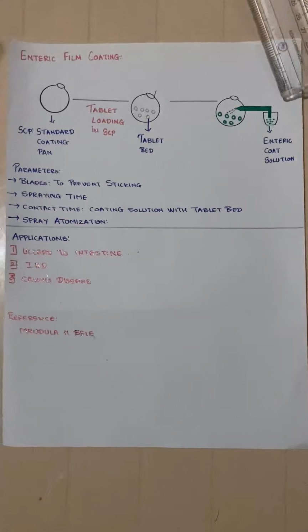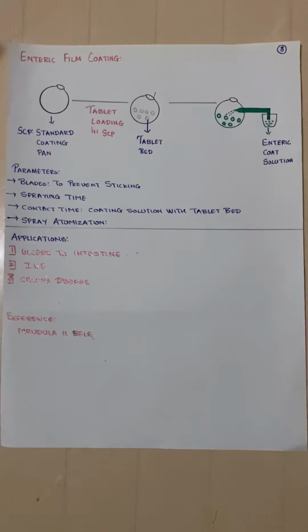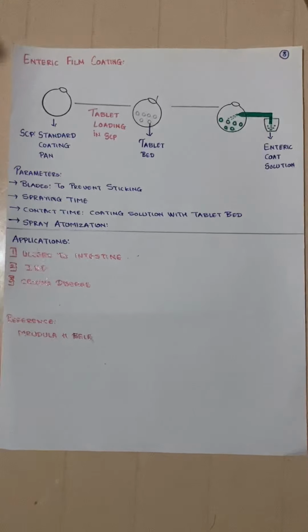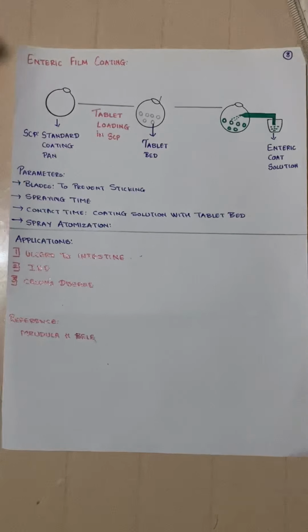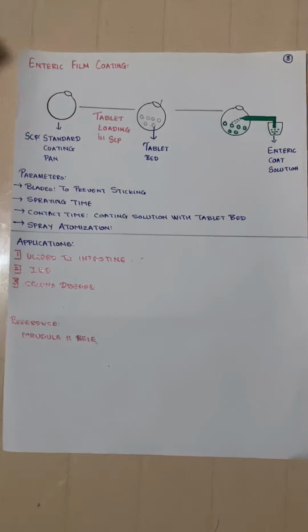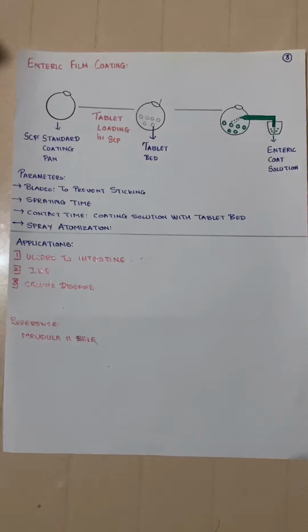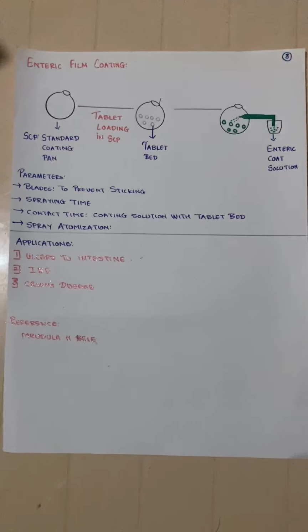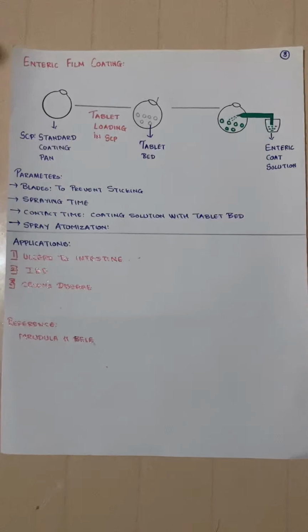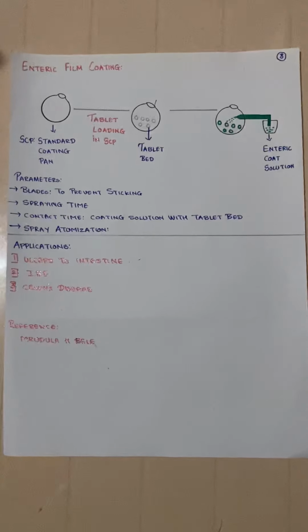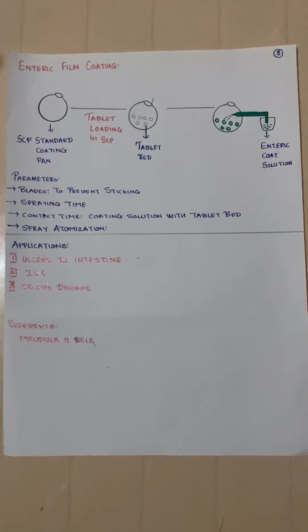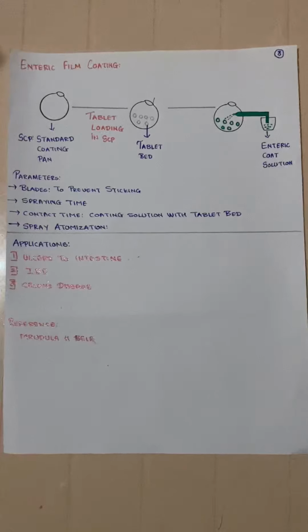You prepare a polymeric solution, and with the help of suction the polymeric solution comes into contact with the spraying gun nozzle. With the concept of spray atomization, the polymeric solution is sprayed over the tablet surface and enteric coated tablets are produced.